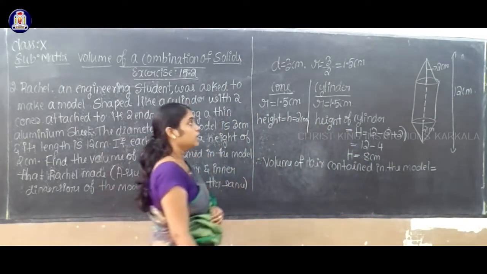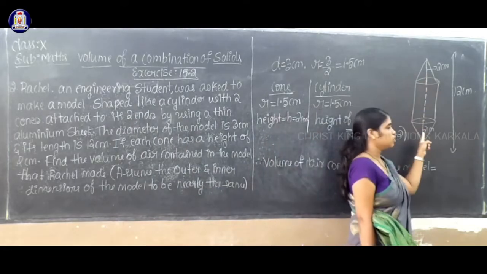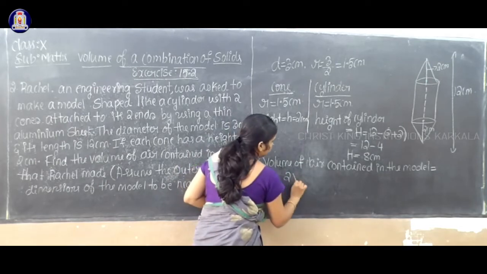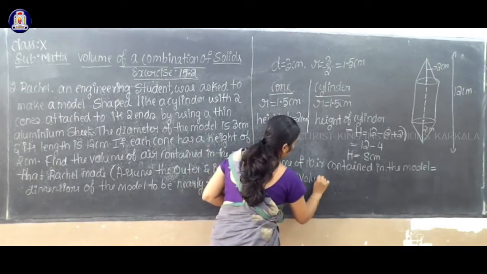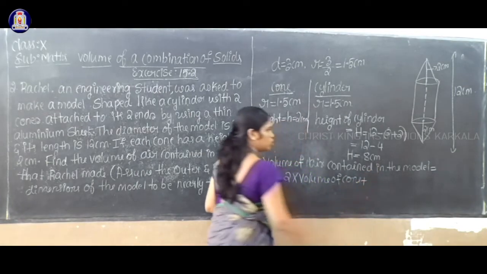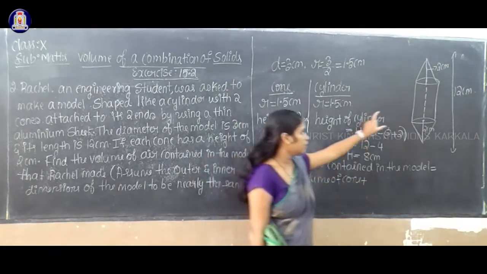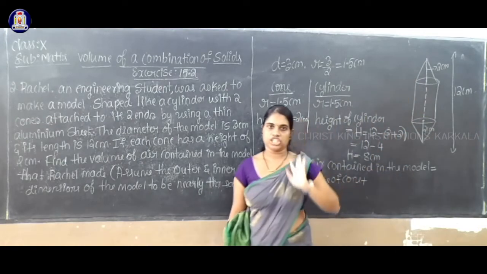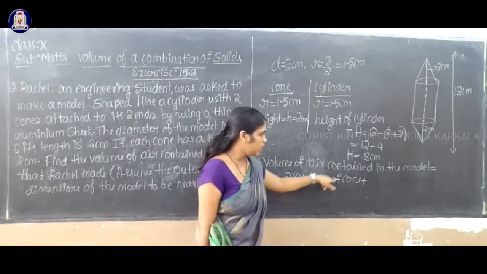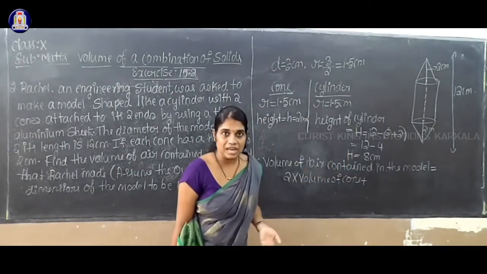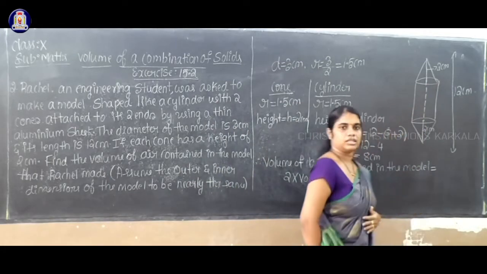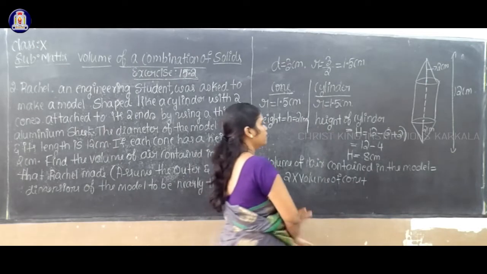Here, how many cones do you have? You have 2 cones. So therefore 2 into volume of cone. Why do I use 2 into volume of cone? Because you have two conical shapes here, top as well as the bottom. So I use 2 into volume of cone plus, what about your other figure? The other solid is a cylinder, isn't it? So plus volume of a cylinder.